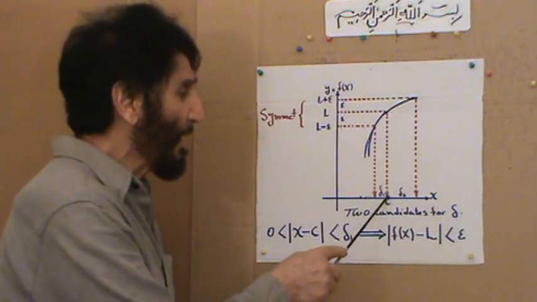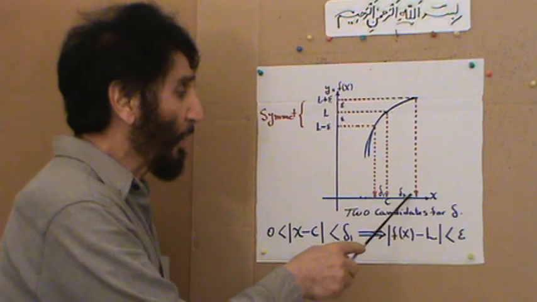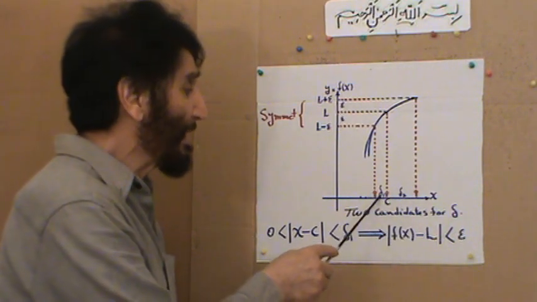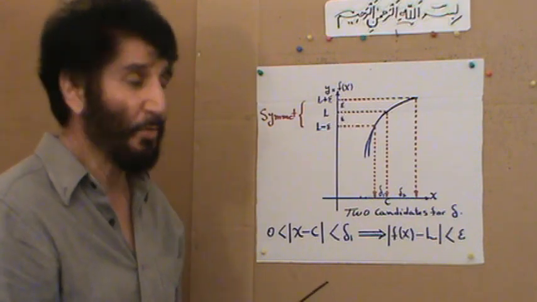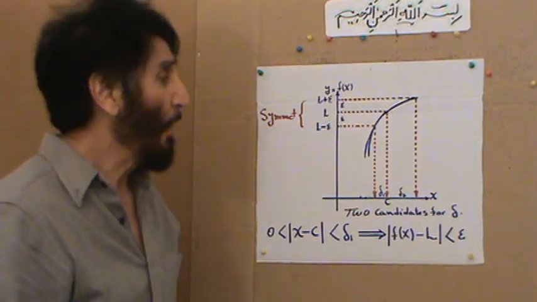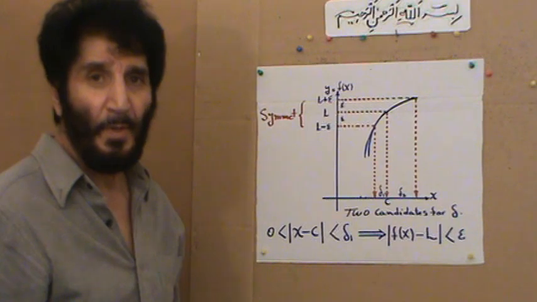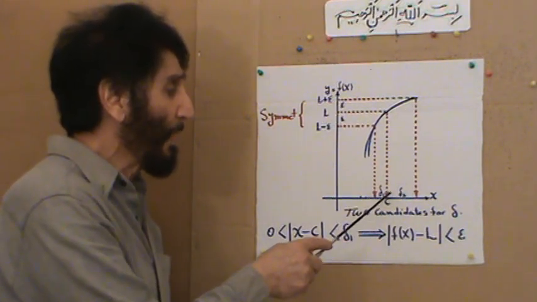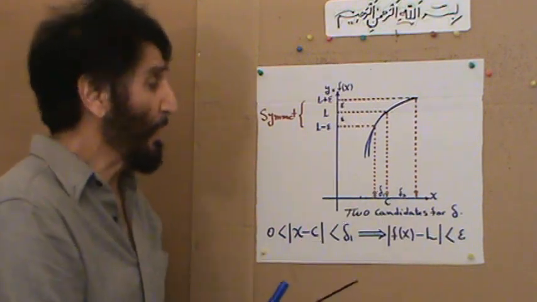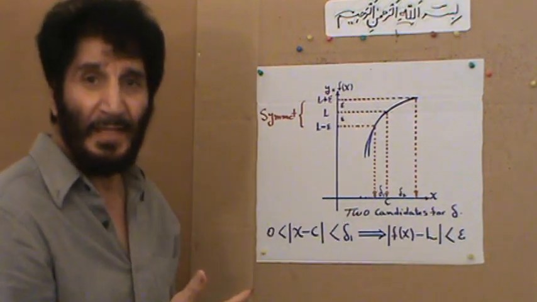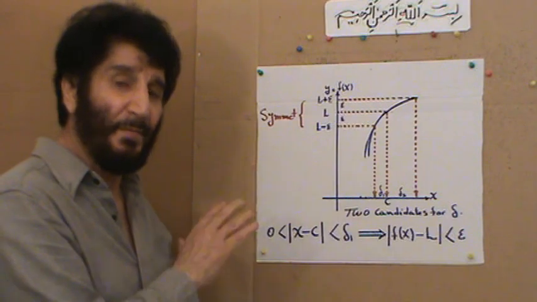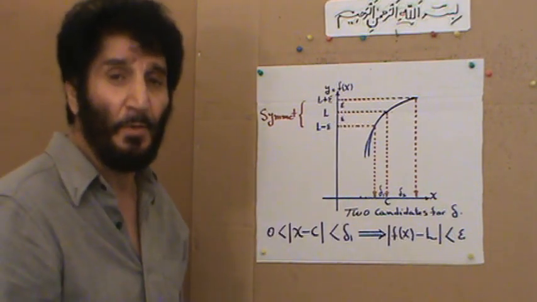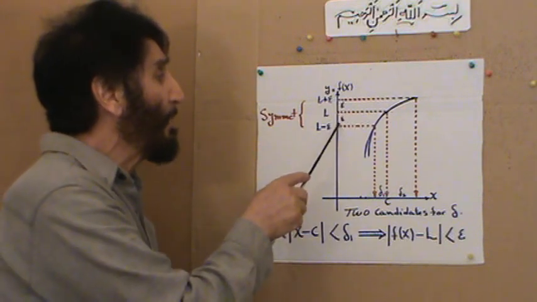One of them is delta 2, which is a much larger interval, as you can see, and the other one is delta 1, which is smaller than delta 2. Which one of them should I select? Now, suppose I select delta 2. If I select delta 2, all the elements from delta 2 to the right of C and delta 2 to the left of C, when the function takes those values, they must land within what?